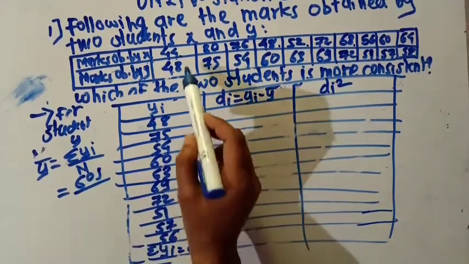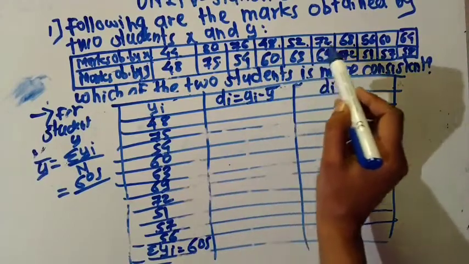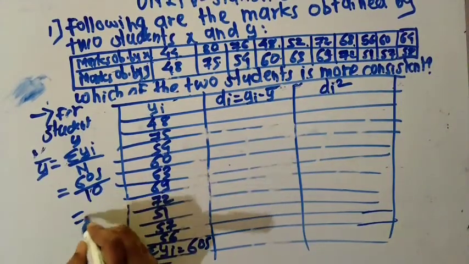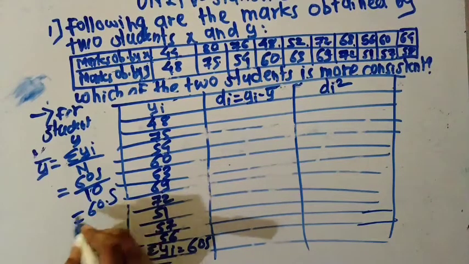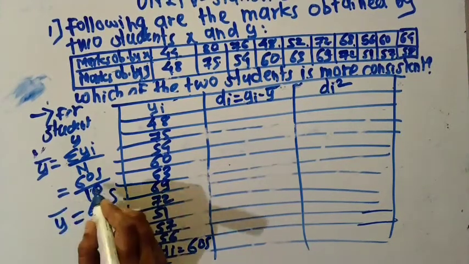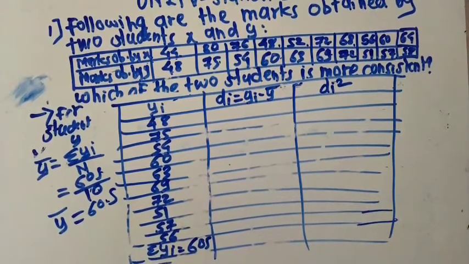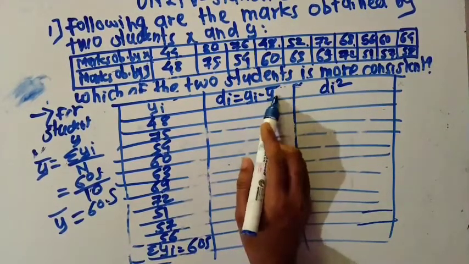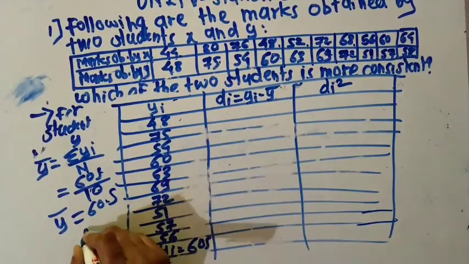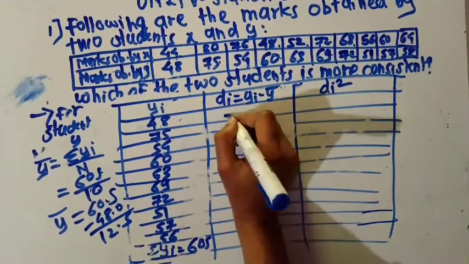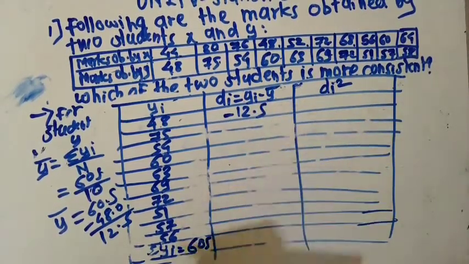N is the total number, 1, 2, 3, 4, 5, up to 10, so the mean is 60.5. Then find out y minus y bar: 48 minus 60.5 is minus 12.5.